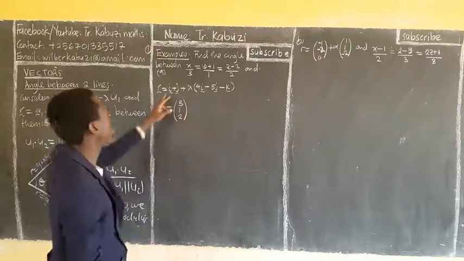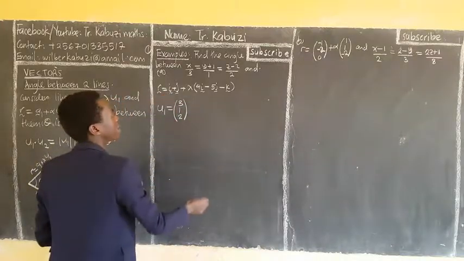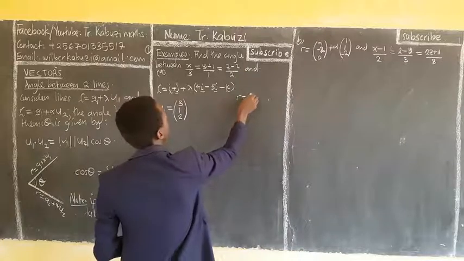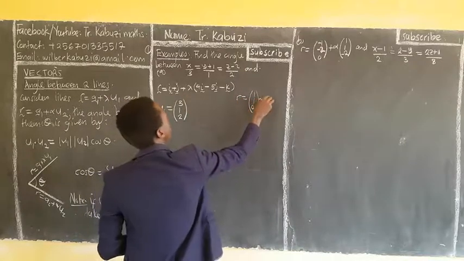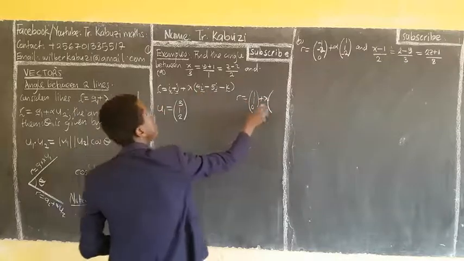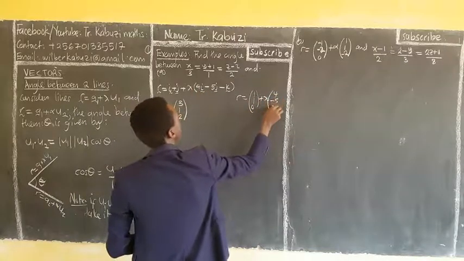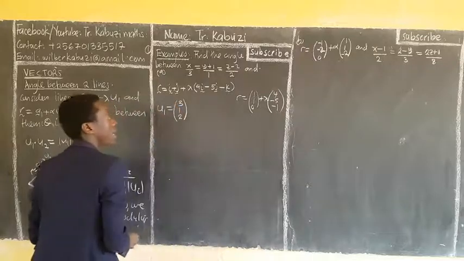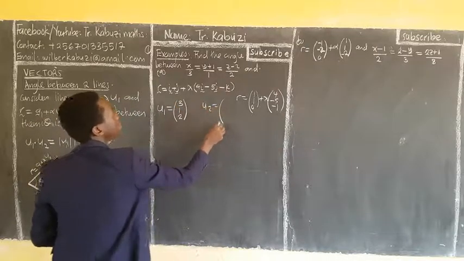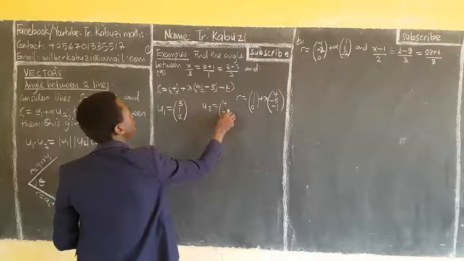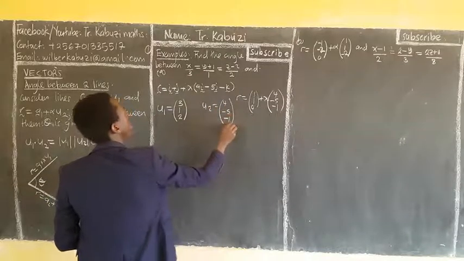Then when we come to this one, if we arrange it first, our r will be 1, 1, 0, plus lambda times 4, negative 5, negative 1. So from there our u2 is 4, negative 5, negative 1.